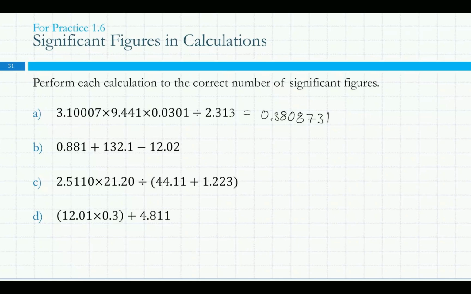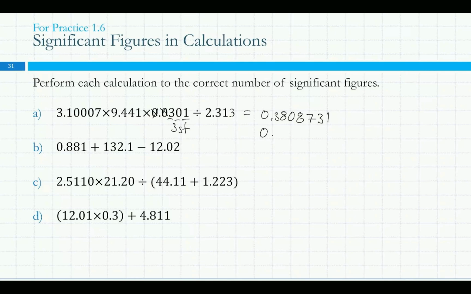Anyways, this is what you should have gotten, something like this. How many sig figs do I keep? 3. Because this has, what was it, 6, 4, 0.0301 is just 3 sig figs, because these are leading zeros, so we don't count those.